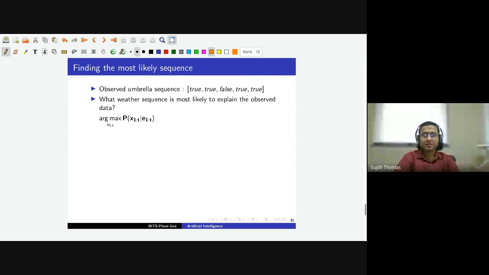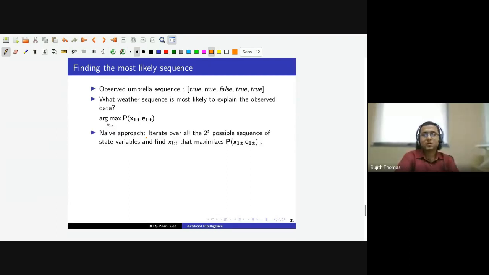So essentially, we are trying to find that sequence x_1 to t, which will maximize the probability of x_1 to t given the evidence. So evidences are given. So given the evidence, what is the sequence of state variable values that will maximize this probability? So that is our goal.